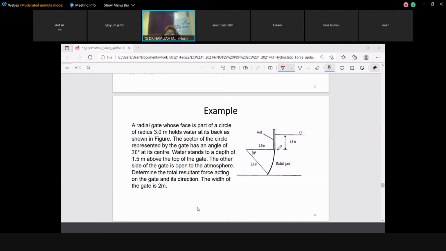Okay, sebab the fluid is outside the curve. So, bila displacing, you have the imaginary area. So, air kat belah sini, tapi you kira volume kat sini. Okay, kita ada luas segmen dan juga rectangle. Okay, this is called an imaginary or virtual area.